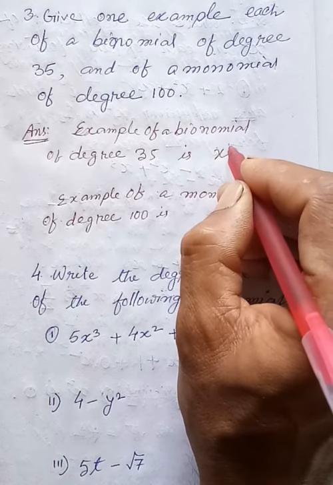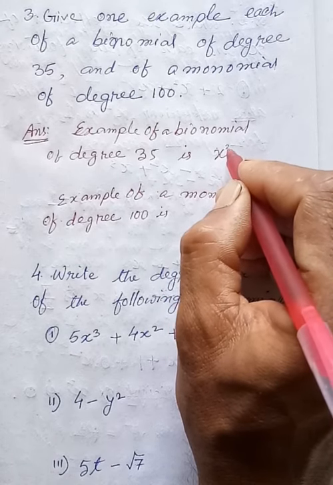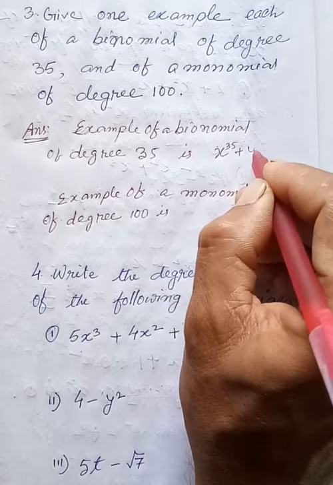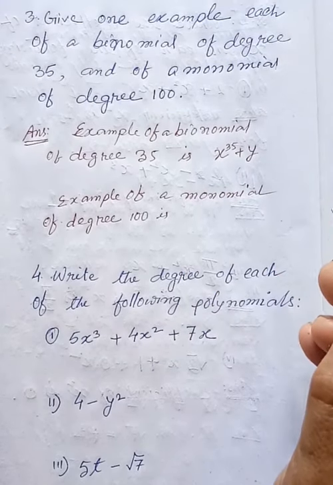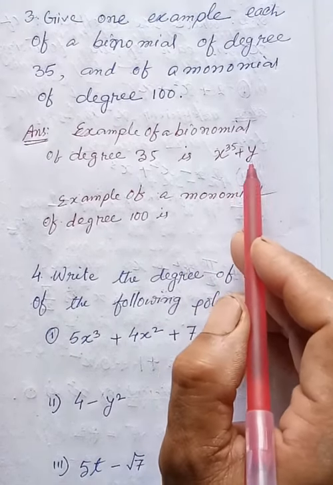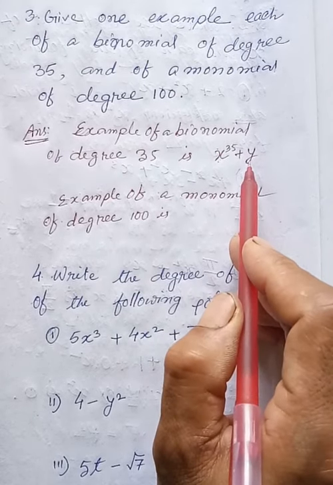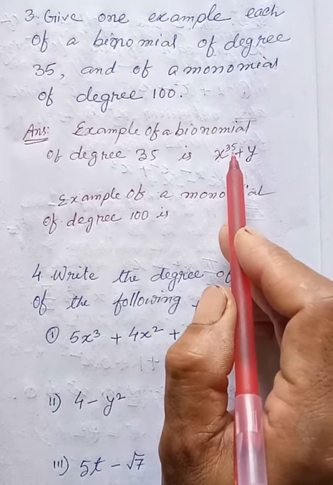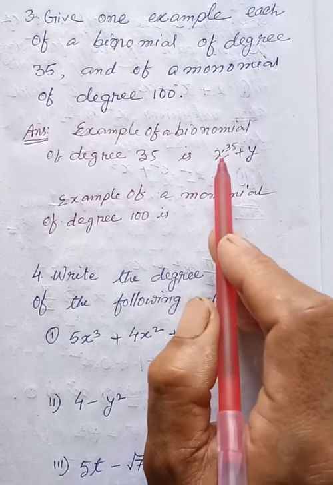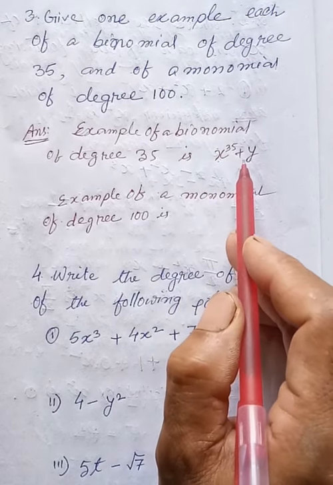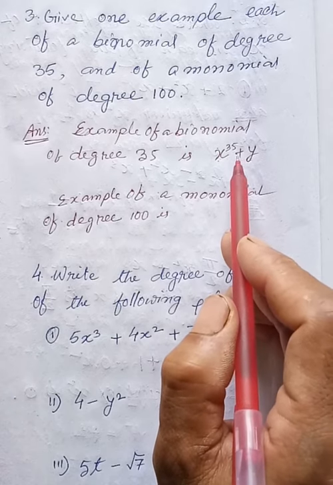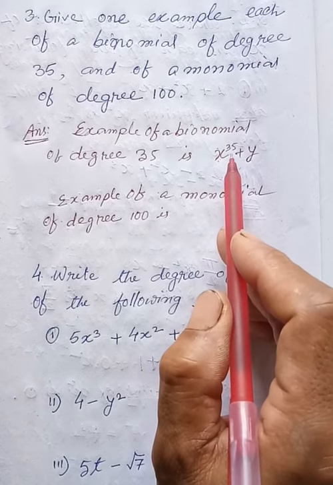So simply we can write like this: x to the power 35 plus y. That's enough. It is an example of a binomial because it has two terms, and the highest power of the variable is 35, so its degree is also 35. So it can be considered as a binomial of degree 35.